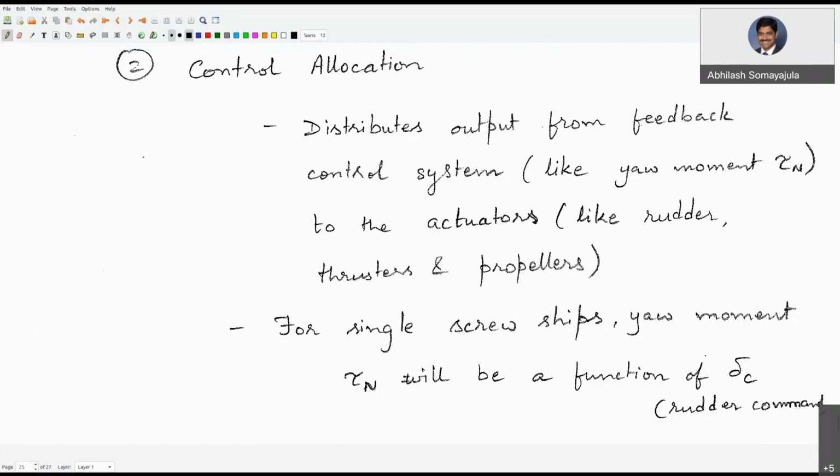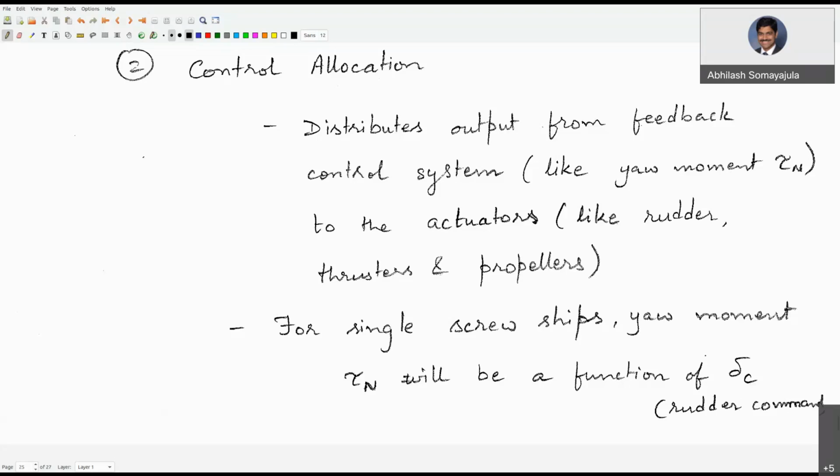The propeller will not generate any yaw moment on a single screw ship. But if you had, let us say, a bow thruster in conjunction with a rudder, then if I want to achieve so much yaw moment in a hull, I can separate that into how much rudder should I apply and how much bow thruster should I apply. Okay, so that becomes the control allocation problem.